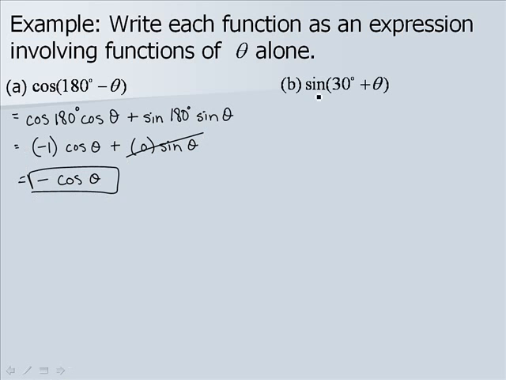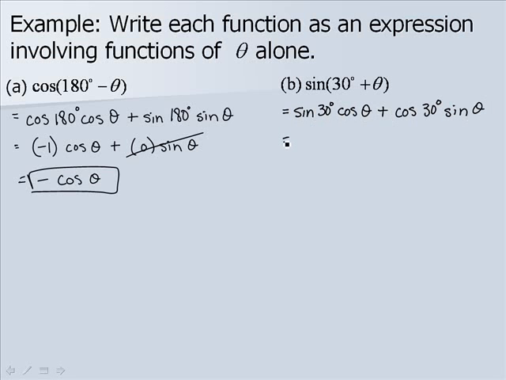Now let's look at sine. We want to find the sine of 30 degrees plus theta in terms of theta alone, so we rewrite it as sine of 30 cosine of theta plus, since the sine stays the same, cosine of 30 sine of theta.